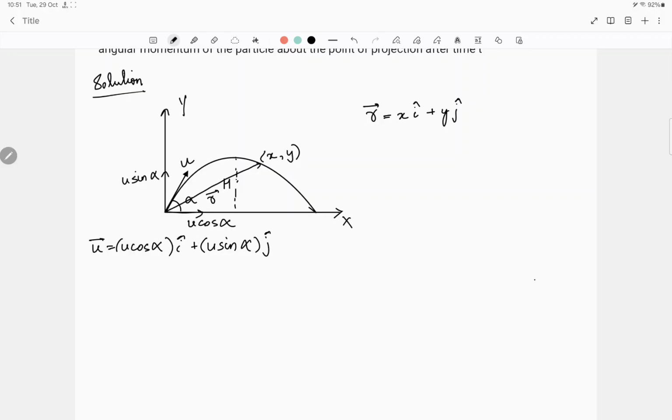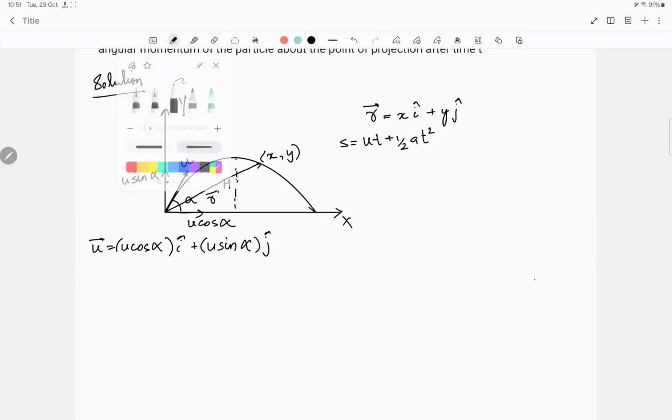Now by equations of motion, s is equal to ut plus half at square. Remember, these are the equations of motion in a straight line. When the axes are considered separately, this will work. Otherwise it won't work in a two-dimensional plane.